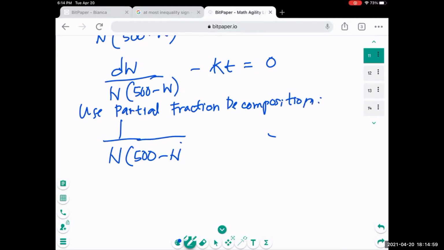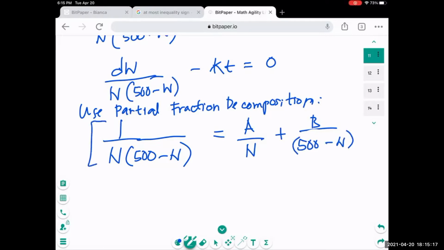Let's equate it to A over N plus B over 500 minus N. Let's multiply the whole equation, left and right, by N times 500 minus N. So definitely this would be equal to 1.